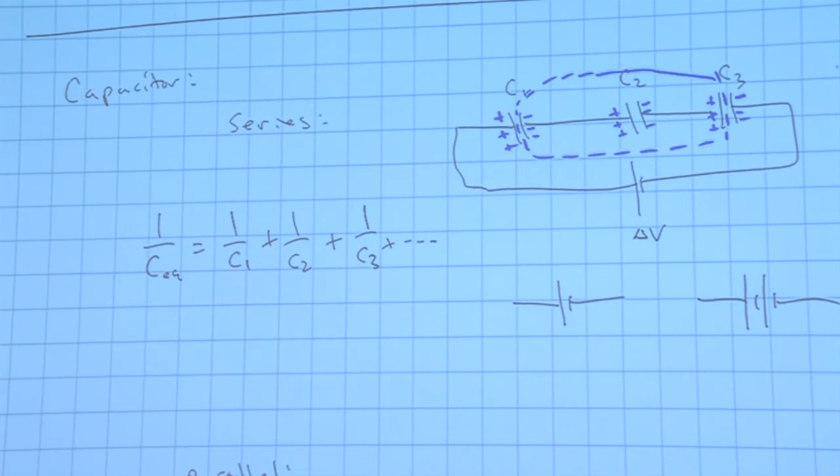And the total charge stored, if this is Q, and this is minus Q, and this is plus Q, and minus Q, and plus Q, and minus Q, the total charge stored is just Q. It's not 3Q.